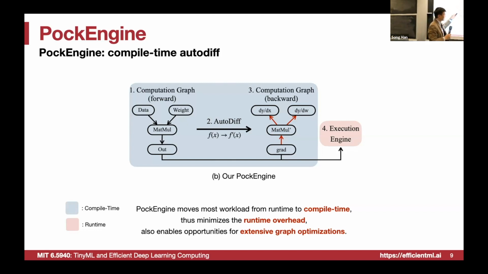You can do this kind of very careful planning during the compile time. For example, you can do a lot of extensive graph optimizations. We can prune the computation graph to eliminate those dead code, those tensors that don't need to be executed, don't need to be updated. So it gives us the opportunity to prune the computation graph at compile time.